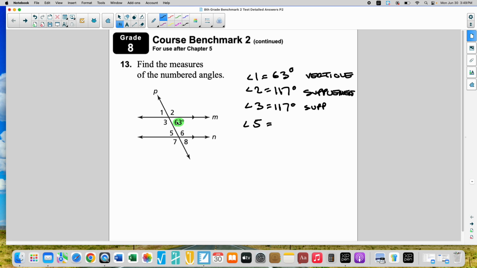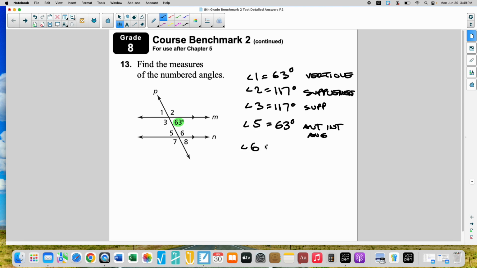Good. So number 5 is going to be 63 degrees. How is that? Well, it is an alternate interior angle. Alternate interior angles are on alternate sides of the transversal and interior to the two parallel lines.